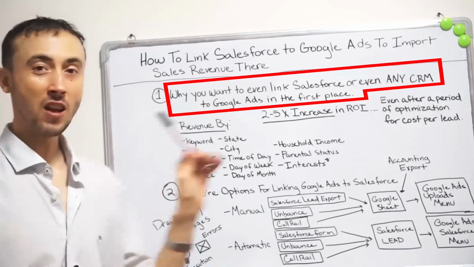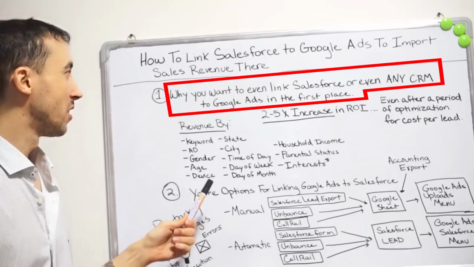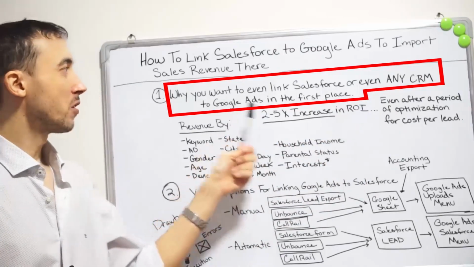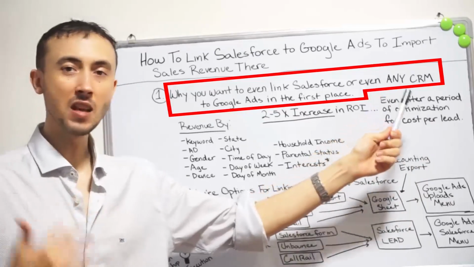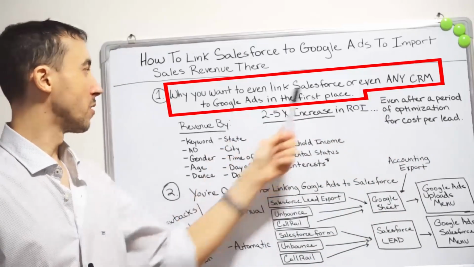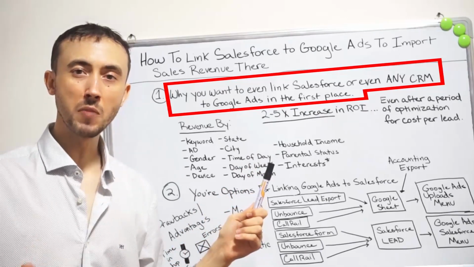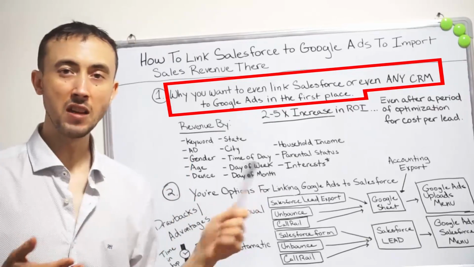So if you've got all the revenue in your account, you know the kind of results you can expect. That's why you want to link Salesforce or any CRM, Zoho has this too, to Google Ads in the first place: you can then know what you should be paying for each user based upon their traits and how they're searching, and you can actually adjust your bids.